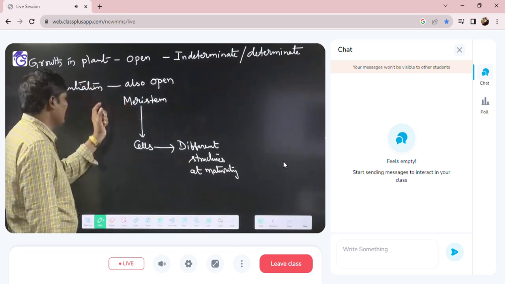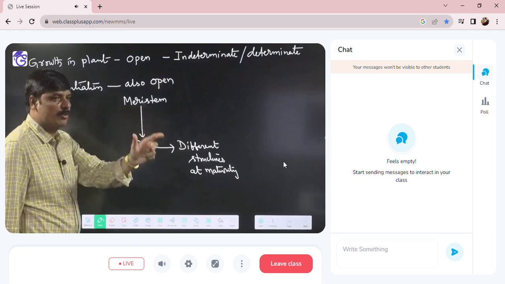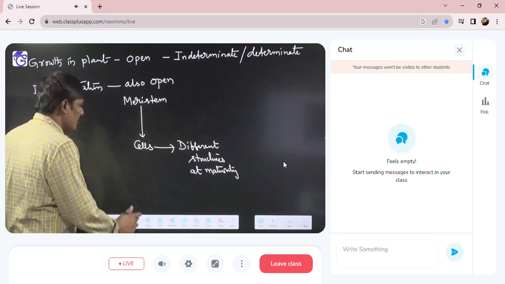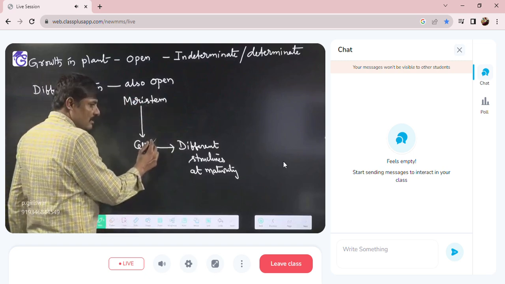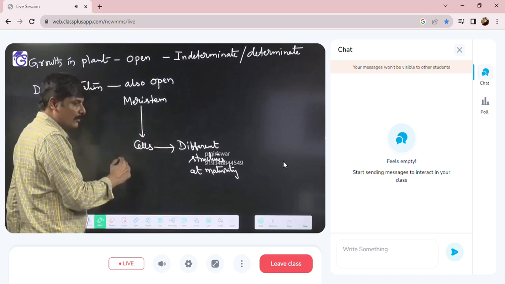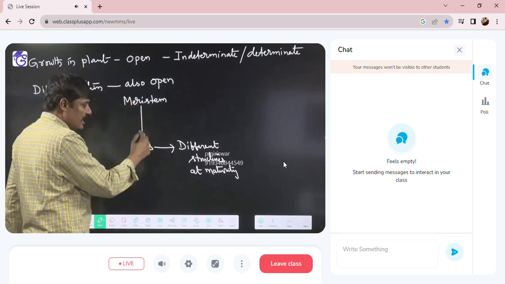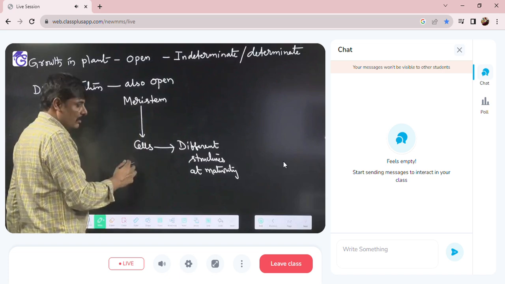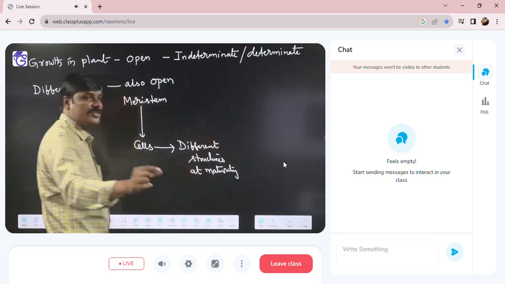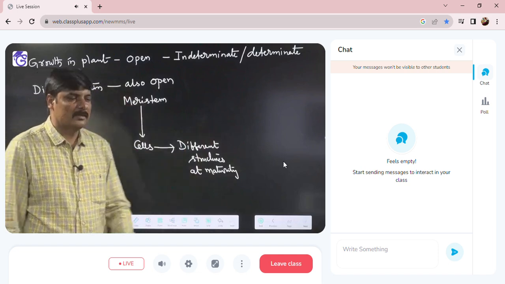Assertion: differentiation in plants is also open. Assertion is true. Reason: the cells formed from the same meristem differentiate and form different structures at maturity.